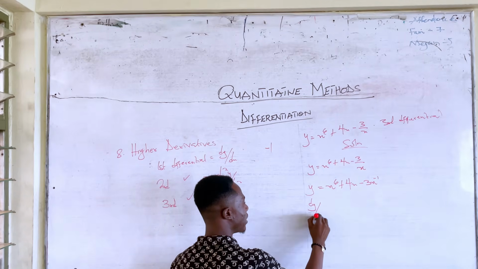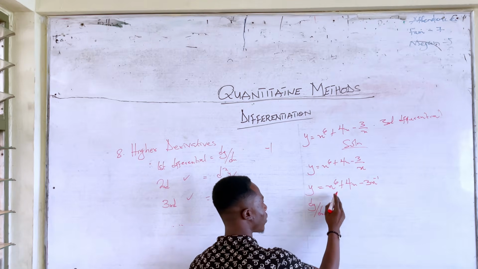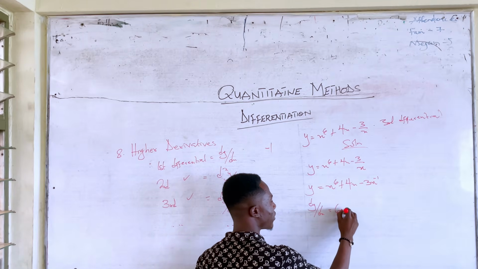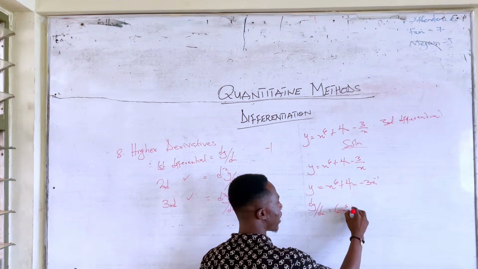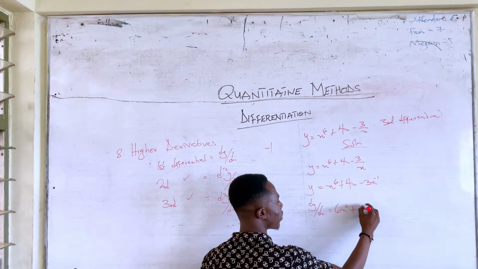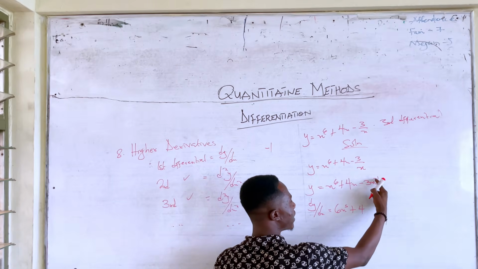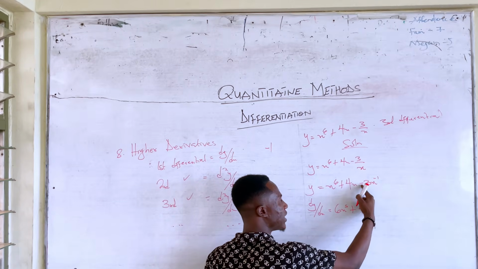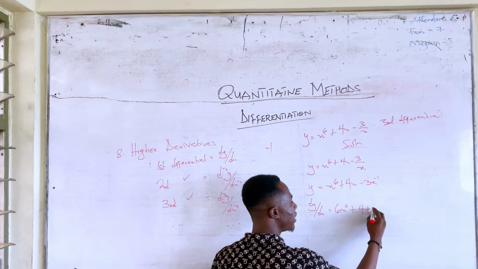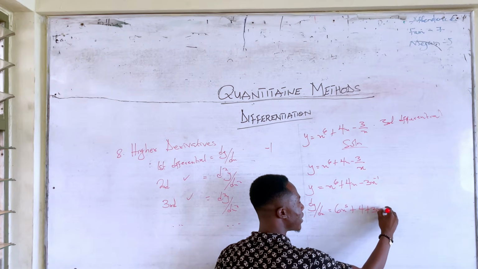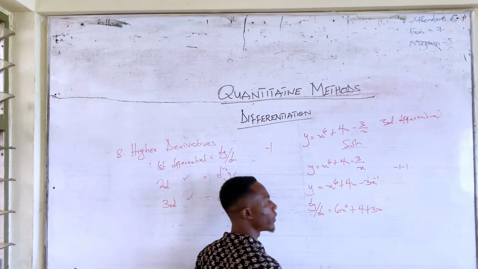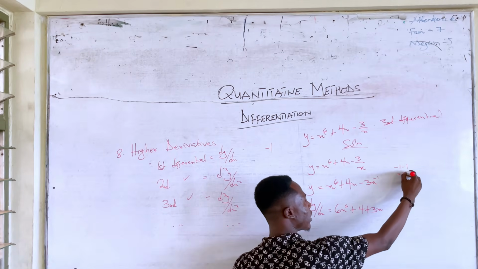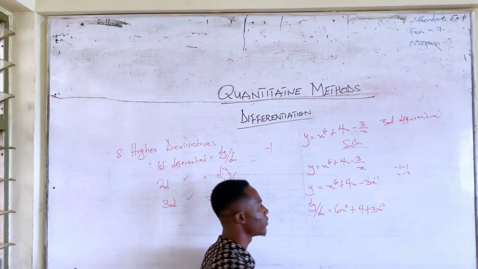So dy/dx, our first differential: this 6 comes here, so we have 6, and we reduce the exponent by 1, that is 5. Plus 4x gives us 4 as usual. Then this negative 1 multiplies this negative 3 to give positive 3x, then you reduce the exponent by 1, so negative 1 minus 1 gives negative 2.